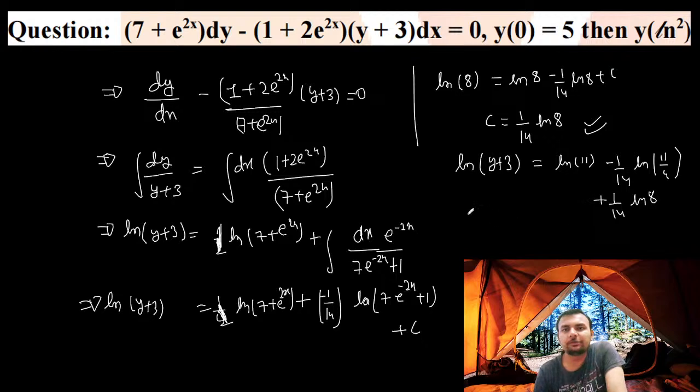So if you see, y is coming in this form. We are not given ln clearly, otherwise we would have solved it, isn't it?